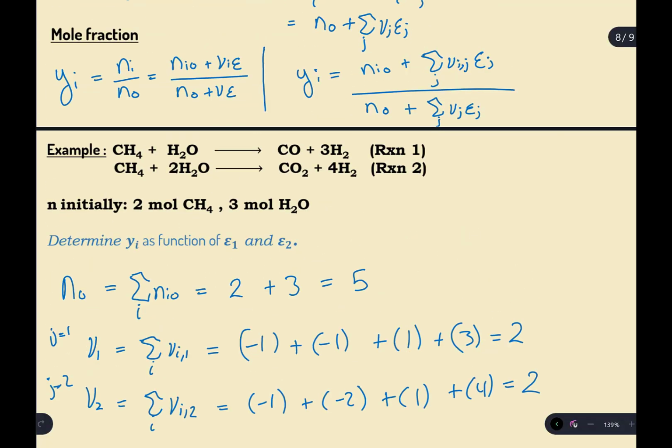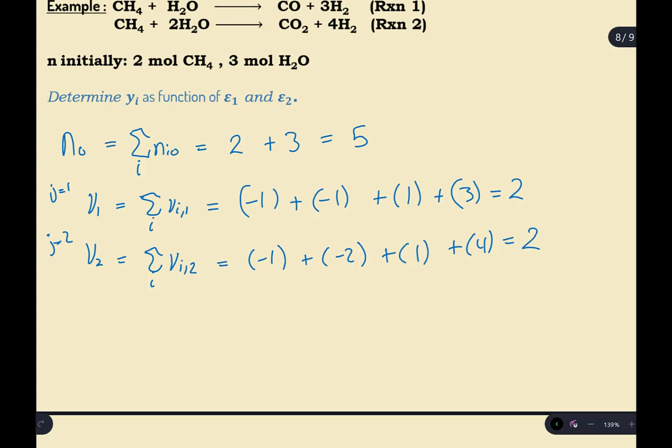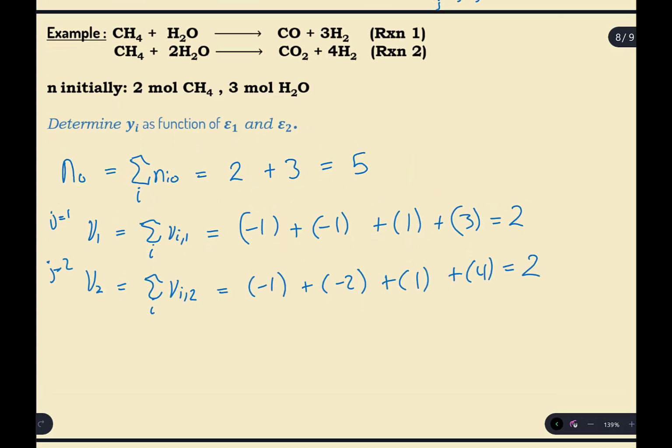Now we can go directly to this expression, right? Because we have these, and for the rest, we can plug in depending on the species that we have. So let's start with methane, YCH4. How much methane do we have initially? 2.